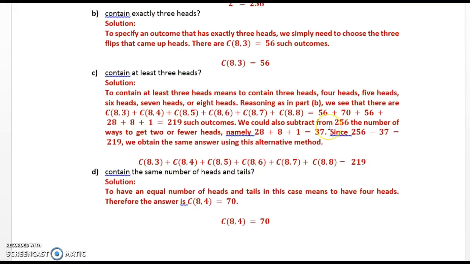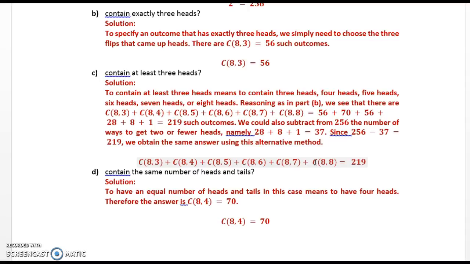Contain at least 3 heads. To contain at least 3 heads means to contain 3 heads, 4 heads, 5 heads, 6 heads, 7 heads, or 8 heads. Reasoning as in part B, we see there are C of 8, 3 plus C of 8, 4 plus C of 8, 5 plus C of 8, 6 plus C of 8, 7 plus C of 8, 8, equal to 56 plus 70 plus 56 plus 28 plus 8 plus 1, equal to 219 such outcomes.